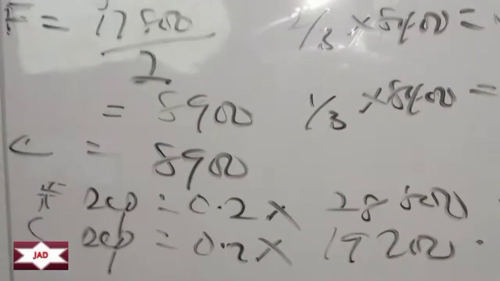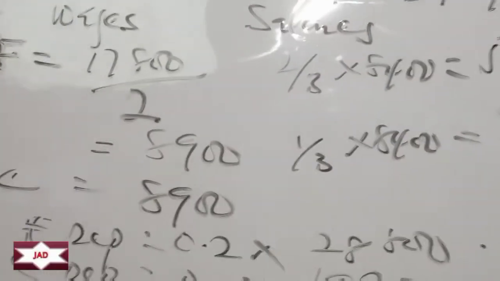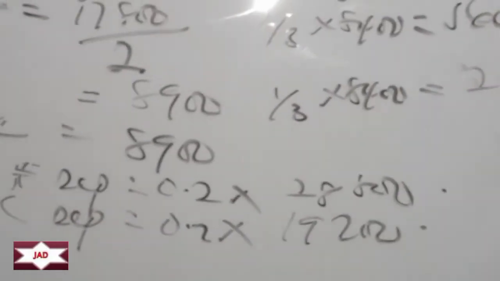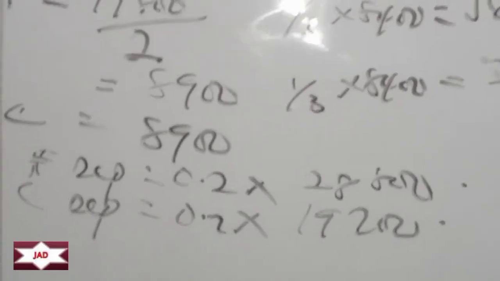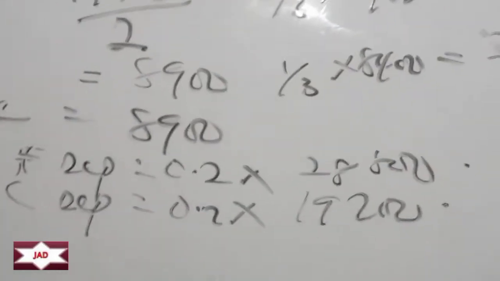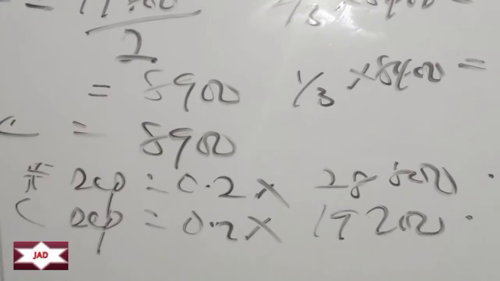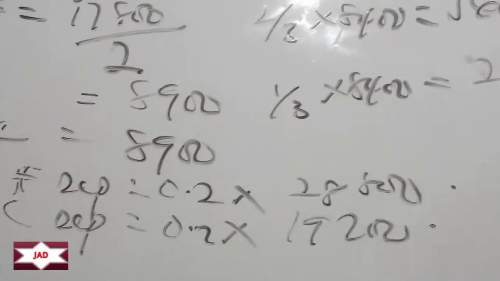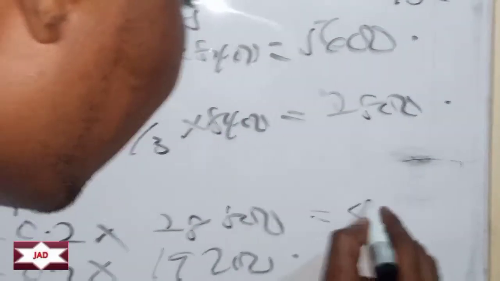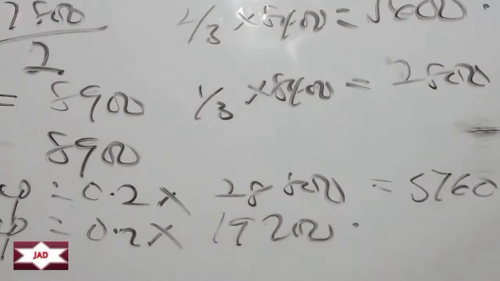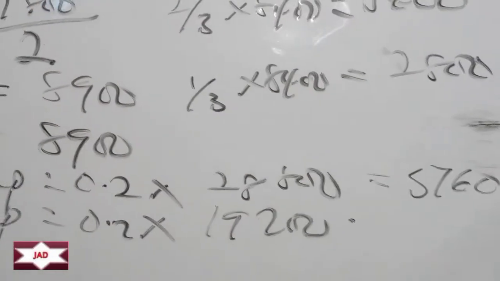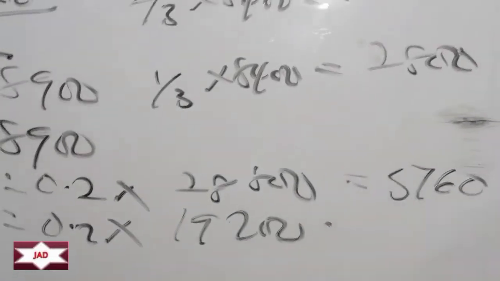19,200. So if we have to get the depreciation for footwear, that will be 0.2 times 28,800. That's 5,760. Then for clothing, that's 19,200.